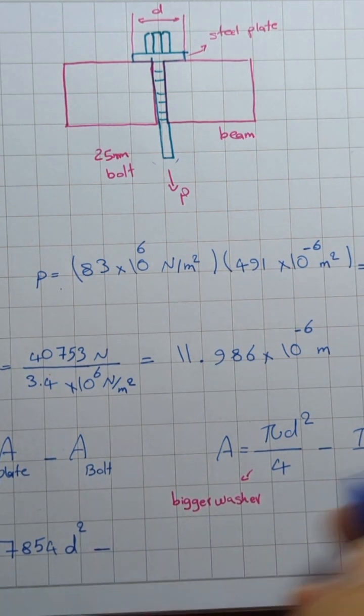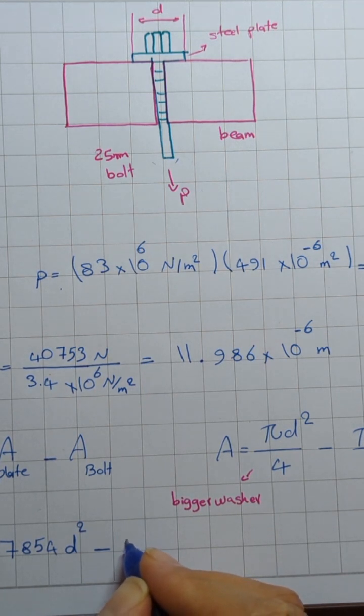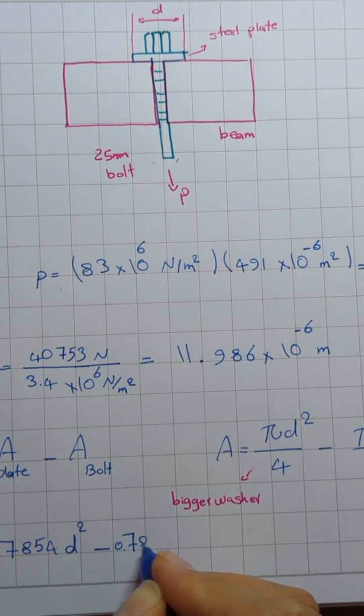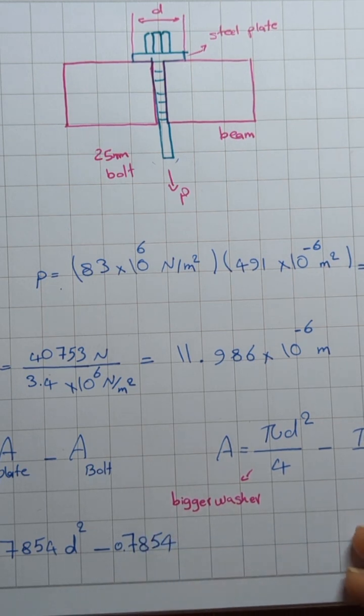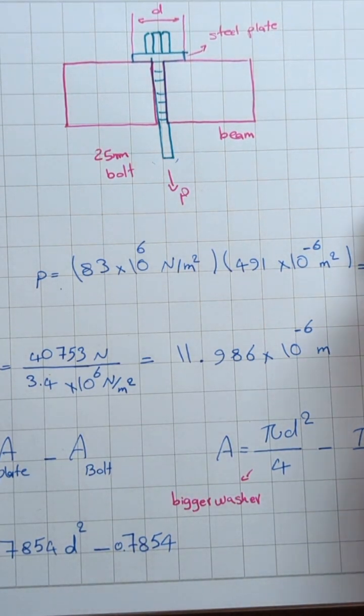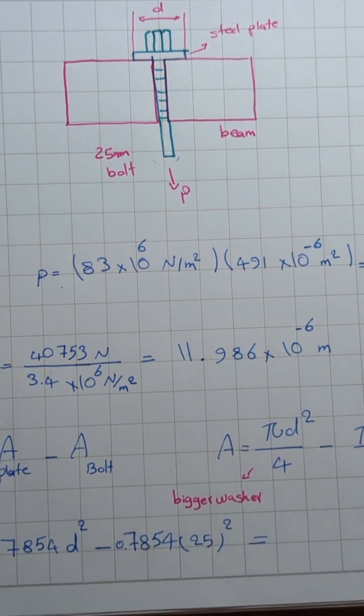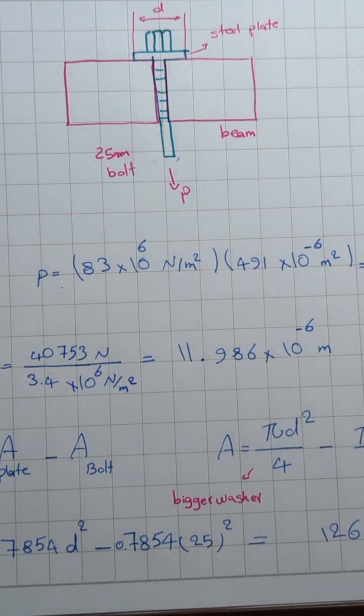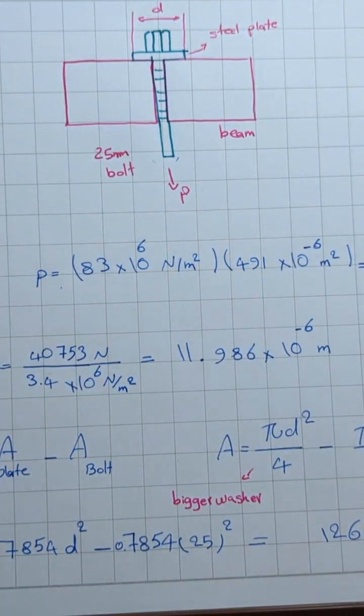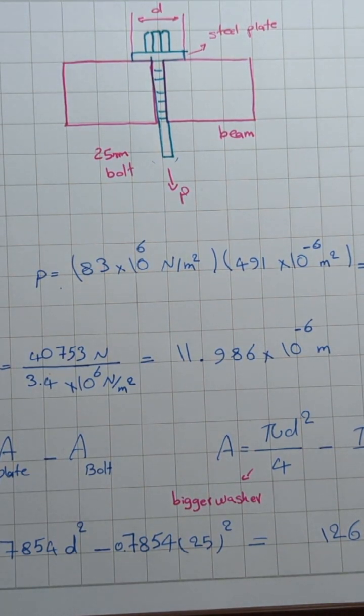Minus pi divided by 4, which is 0.7854, times the bolt's D. This D is 25 millimeters, 25 millimeters to the power of 2. And if we do the calculation, our required D is going to be 126 millimeters. So we need a 126 millimeter plate washer to put under this bolt, so this system would work. Okay.